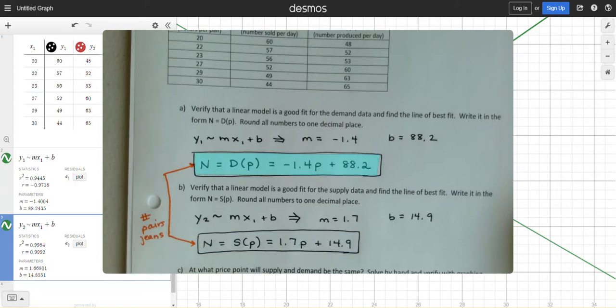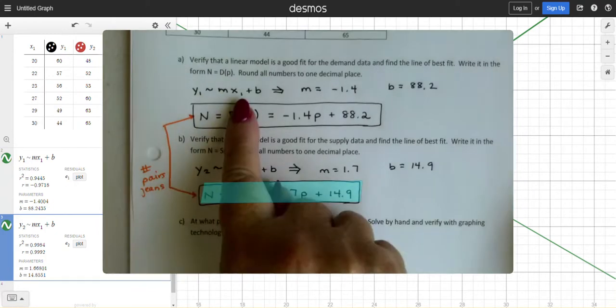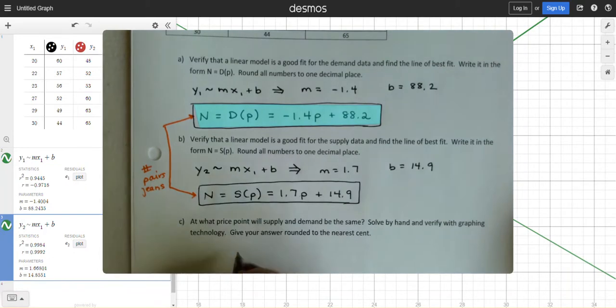All right, question C. At what price point will supply and demand be the same? And it asks us first to solve by hand, and then we'll verify back with our graph. In order to do this, I'm going to leave off the function notation piece, and I'm just going to write these as the N equals.